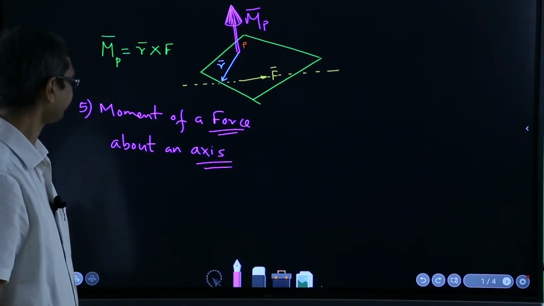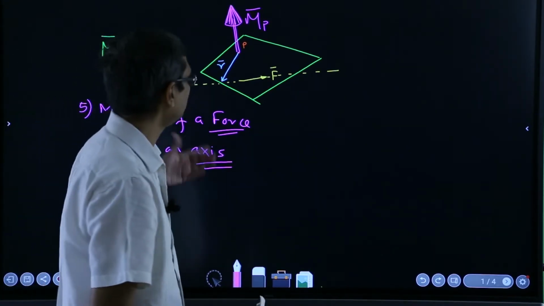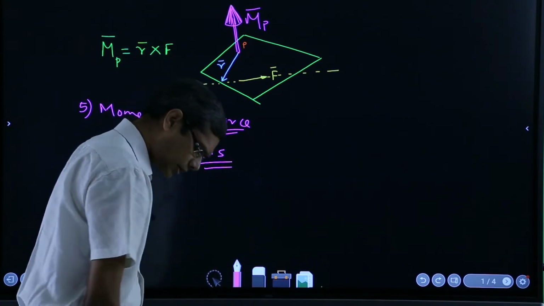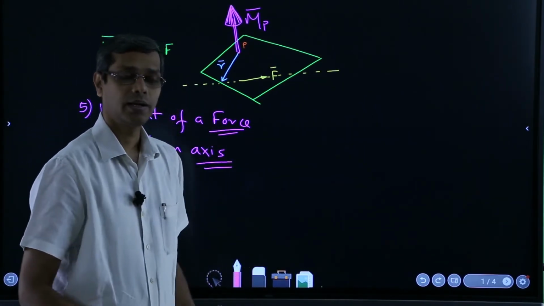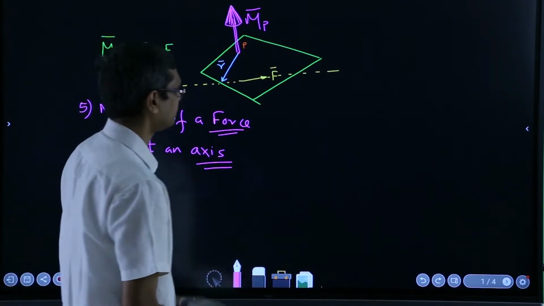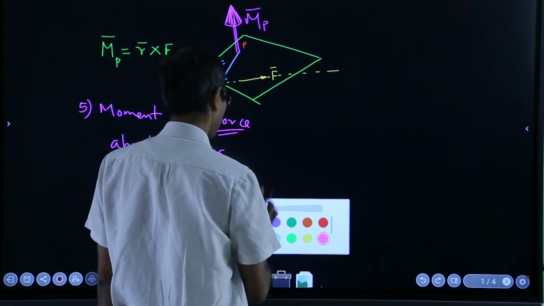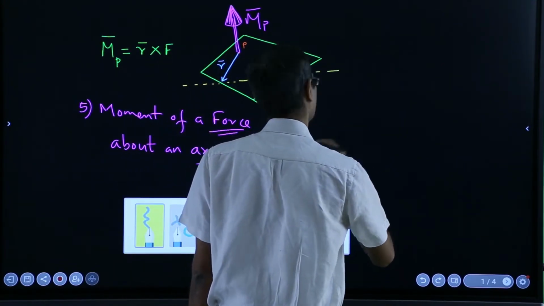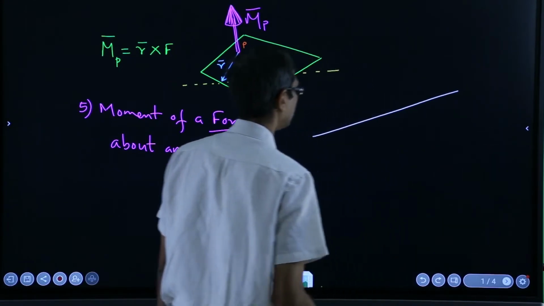Now how to define this? Let us first define this properly visually, and then we will see how to evaluate it. For that, let us have a given axis like that.